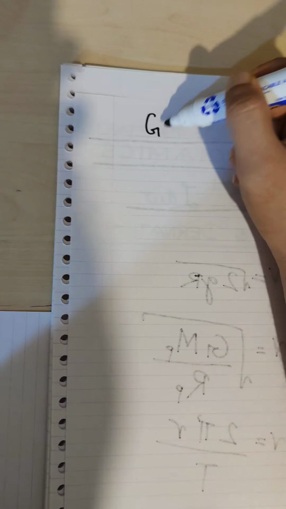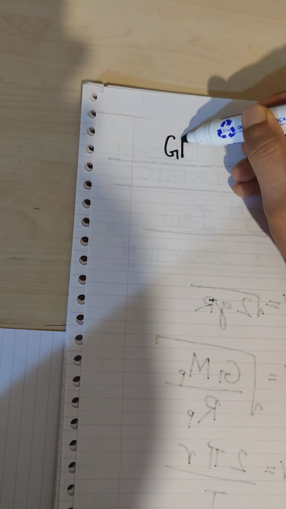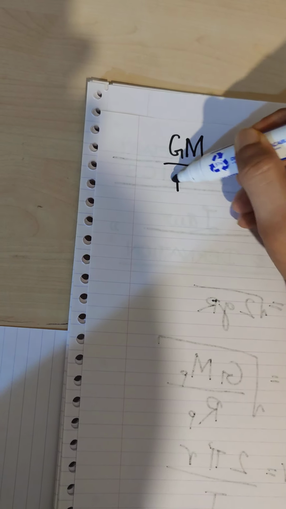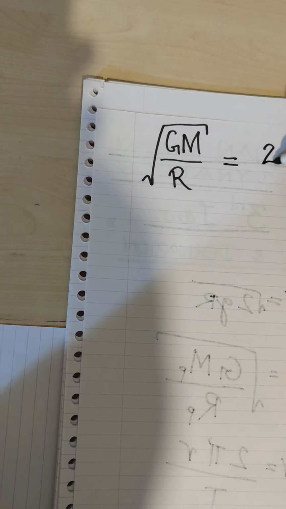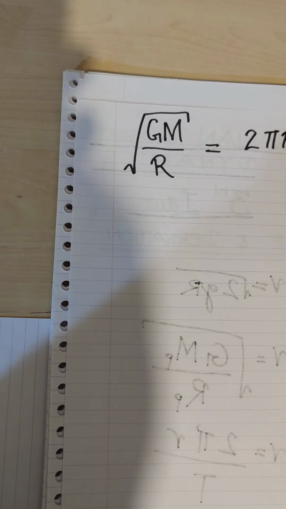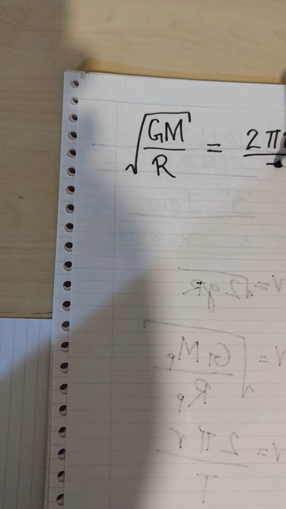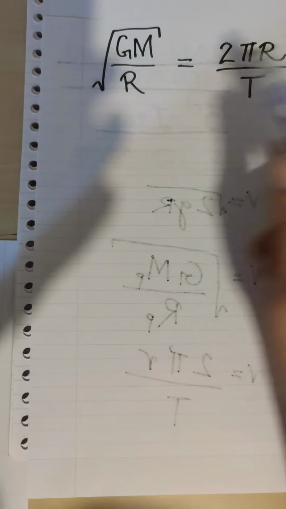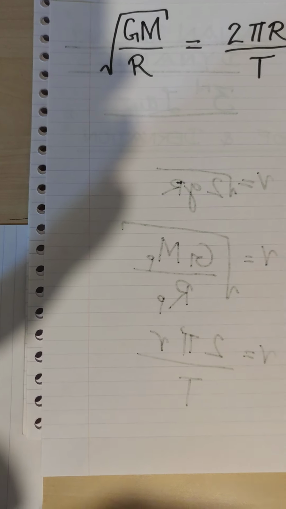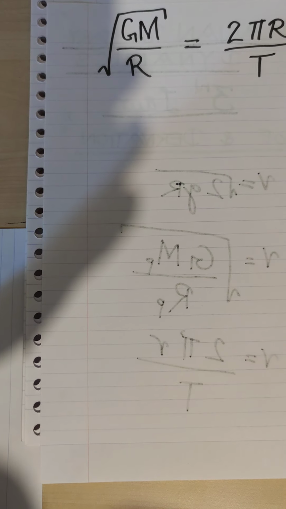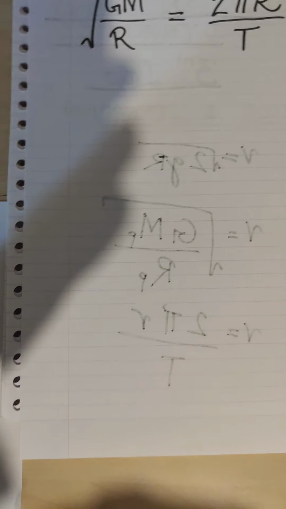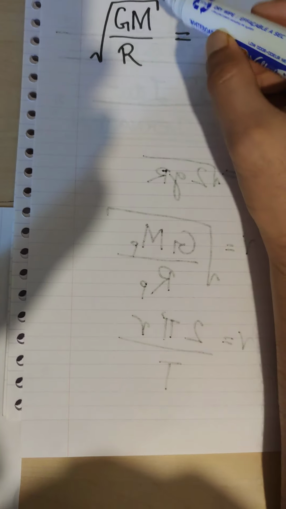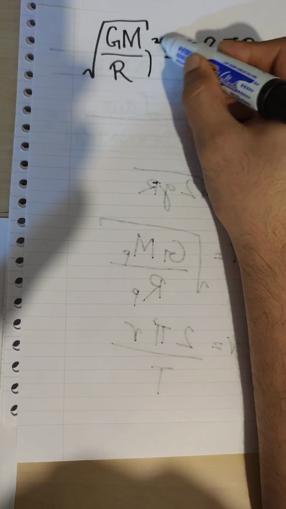So the velocity would be GM over r, and then when you square both sides, or you take the root off, one would stay plain and the other would get squared. So if we square both sides, I'm going to do it in one step.